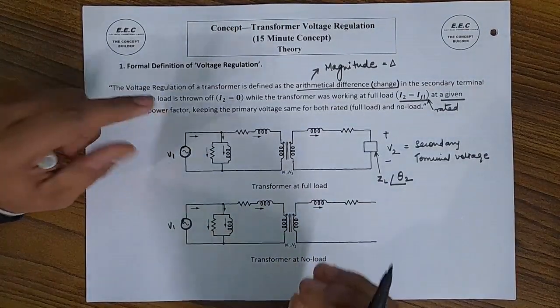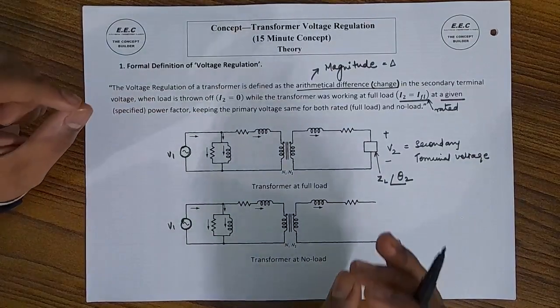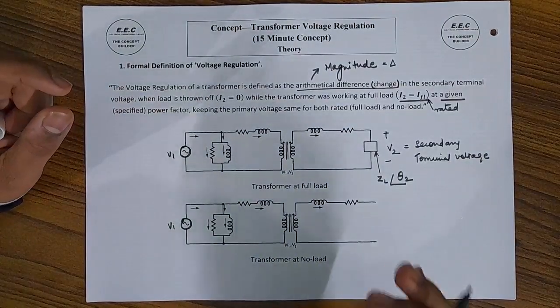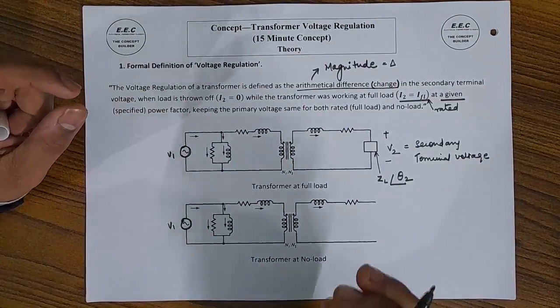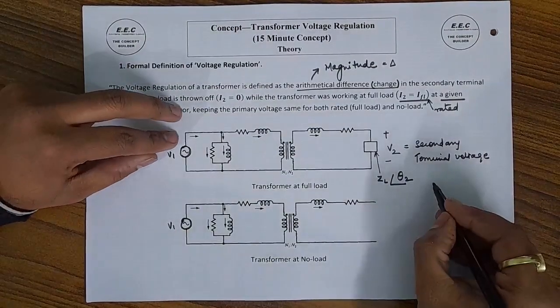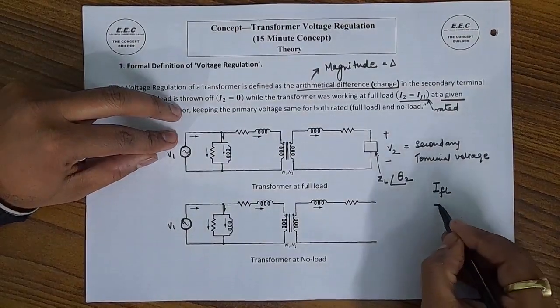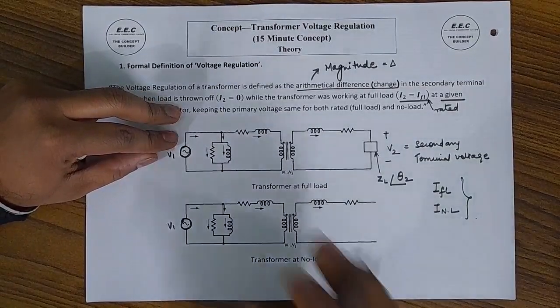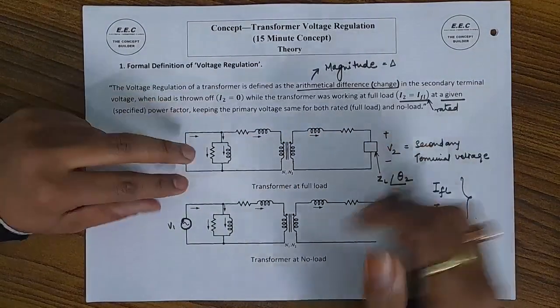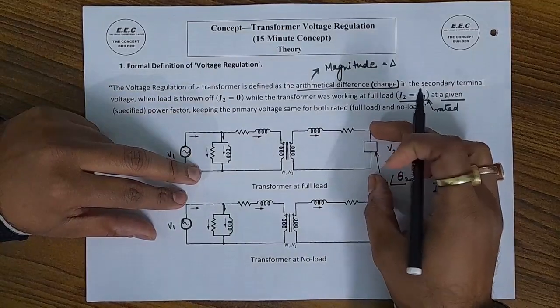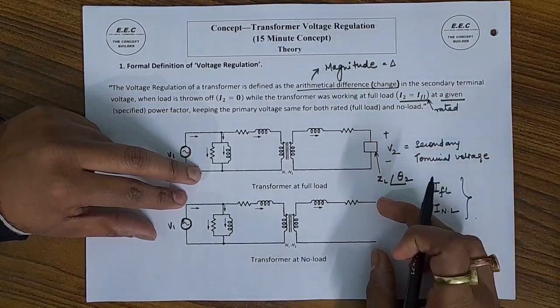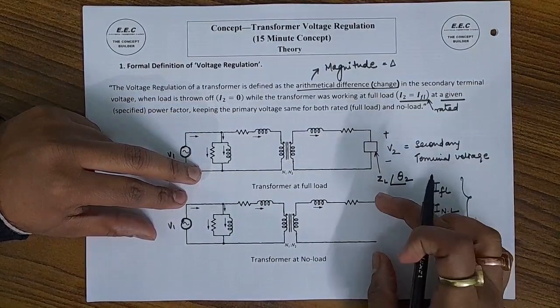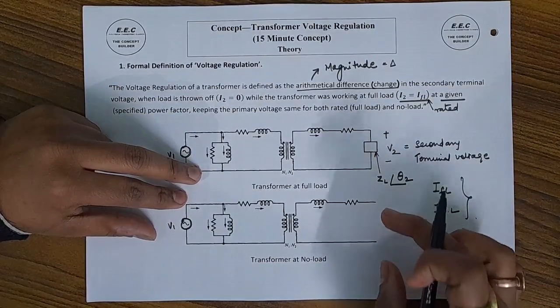This is the foremost definition which we must remember when we start studying the concept of voltage regulation, that we are dealing with two conditions here. First condition is the full load condition and the second condition is the no load condition. This is the condition for current. Now in this diagram you can see that the transformer is assumed to be working at full load, and in the second diagram you can see that I have removed the load, so the transformer is presently working at no load.